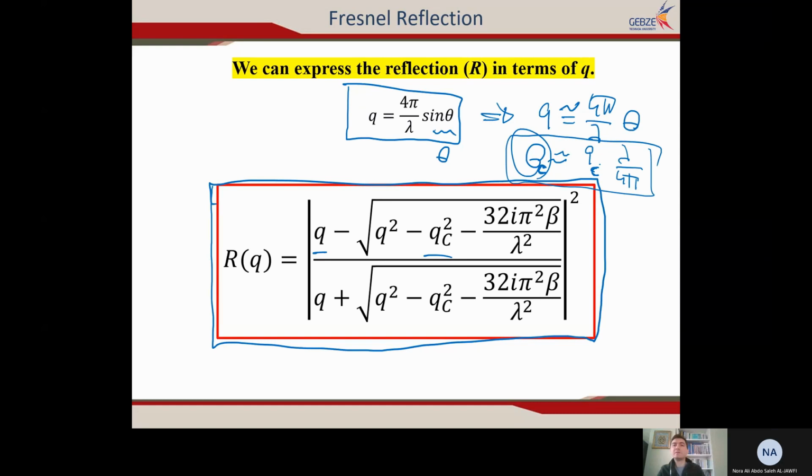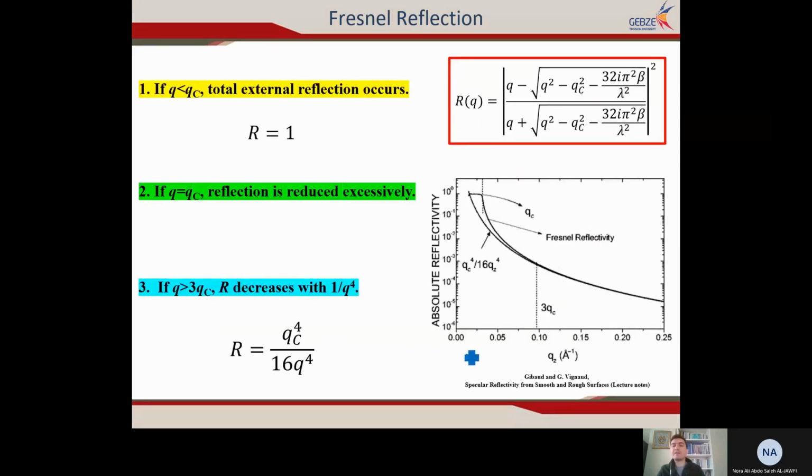Then what about the reflection as a function of Q or as a function of theta? Here we have the absolute reflectivity or intensity at the detector, and this is the Q, or you can consider theta or 2 theta, it doesn't matter. So we have three conditions. If Q is smaller than the critical value, or if theta is smaller than theta critical, then we have total external reflection.